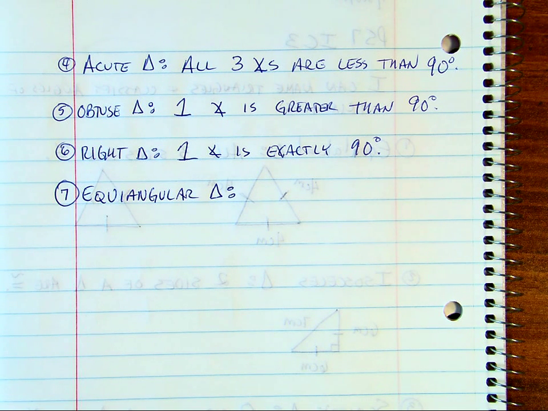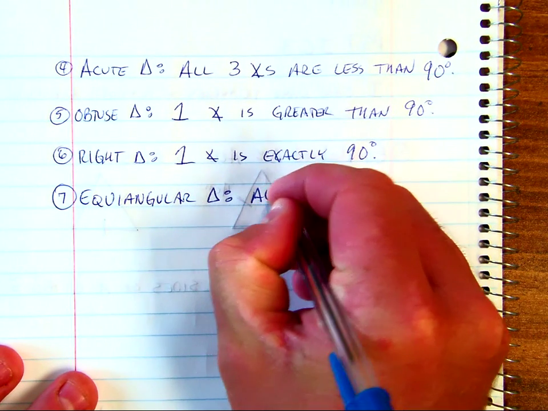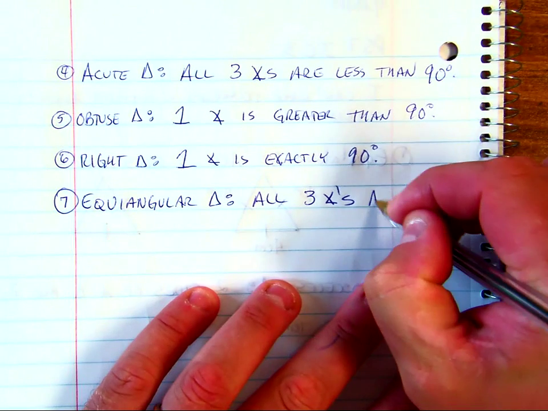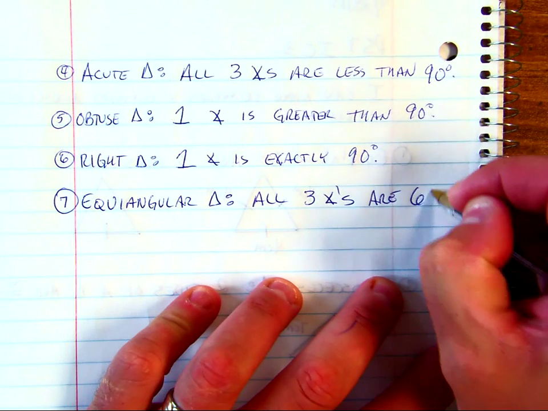If equilateral, lateral meaning sides, equal meaning the same. If equilateral means equal sides, what do you think equangular means? Look at the suffix. Emma. Right. All three angles are 60 degrees.